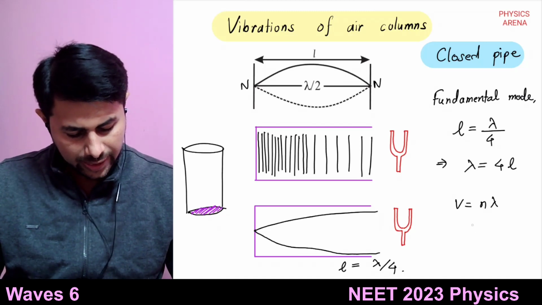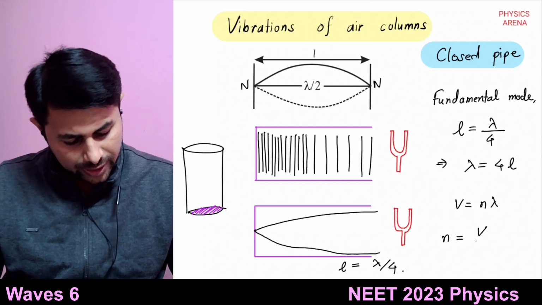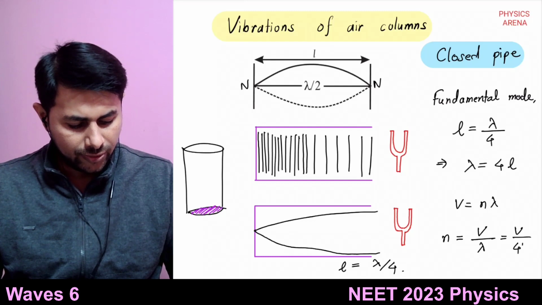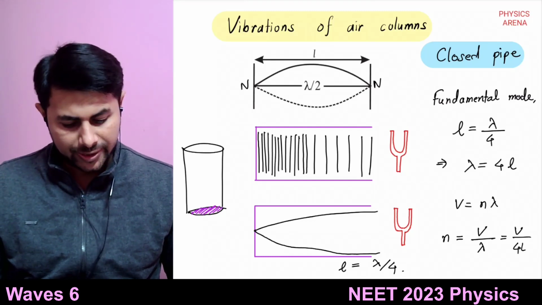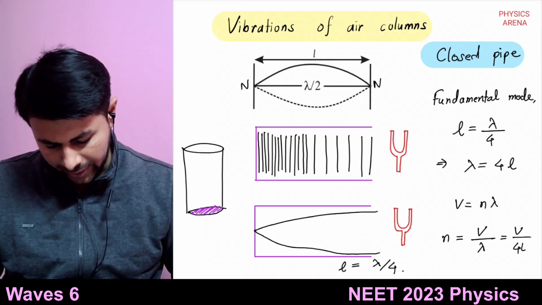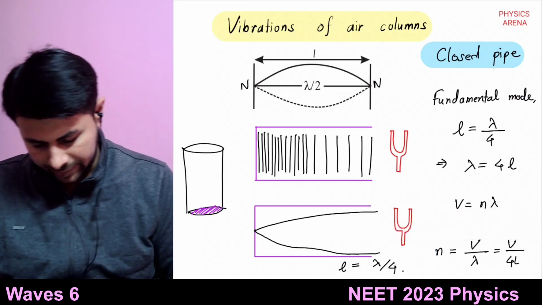Therefore, I can say that n, the frequency of the fundamental mode, is v upon lambda, that is v divided by 4L. So this is the fundamental frequency of vibration of the air column in a closed pipe.